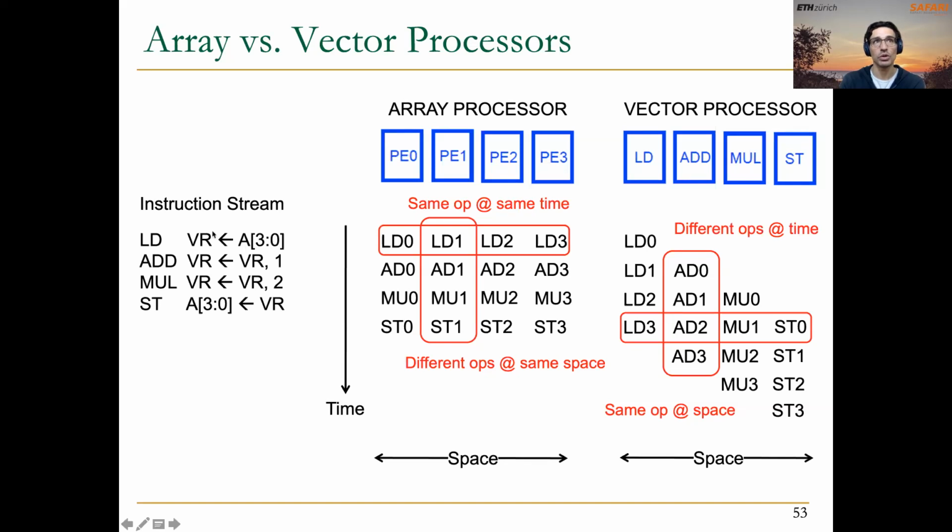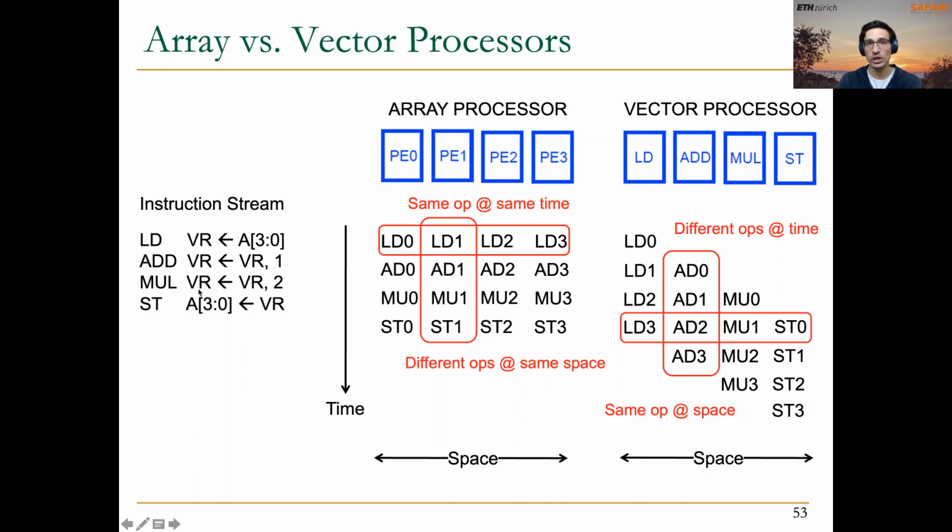And the first thing that we do is loading data from memory, from this array A into the vector register. Then we add 1 to the vector register. Then we multiply the individual elements in this vector register by 2. And finally, we store the results in the corresponding location in memory.